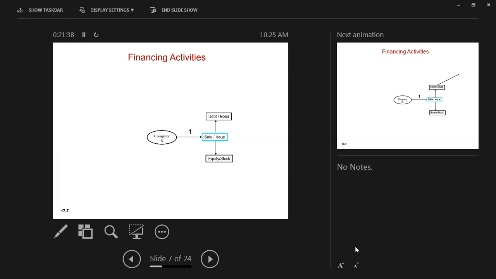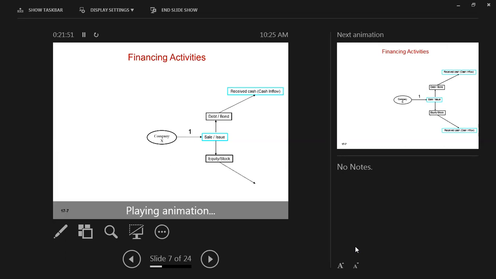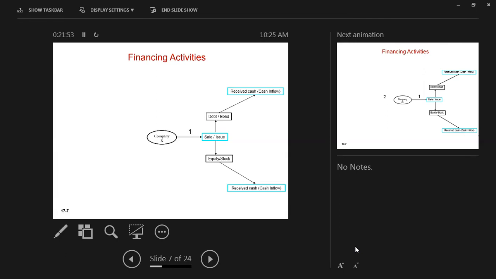Your company can sell some bond, or your company can sell some stock. And by doing so, they can easily collect money. So cash inflows. So these examples said that your company do not have cash, but how can you collect the cash? Go to the bond market, sell the bond and collect the cash. Go to the stock market, sell the stock and collect the cash. So cash inflows, right?